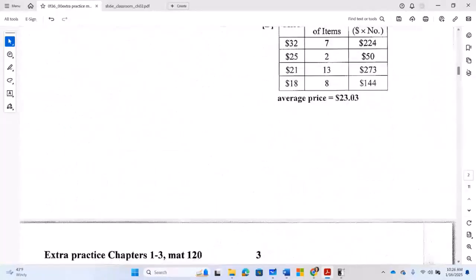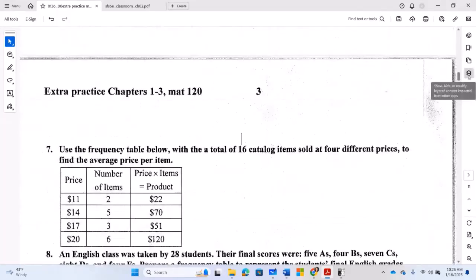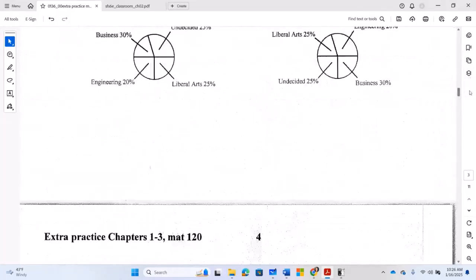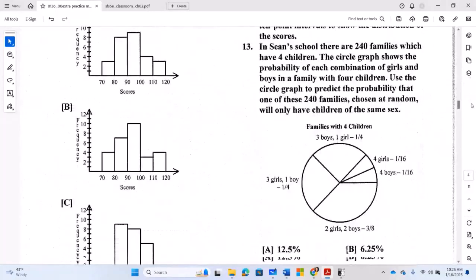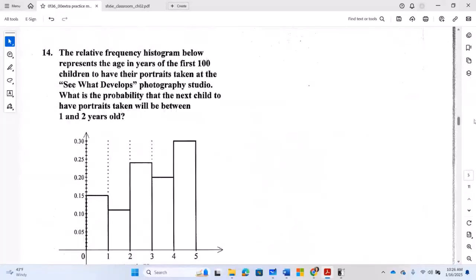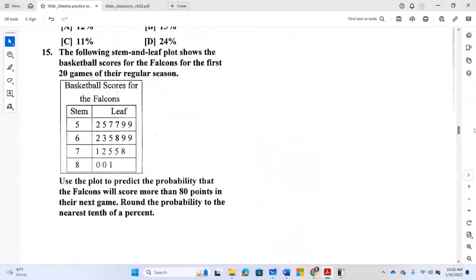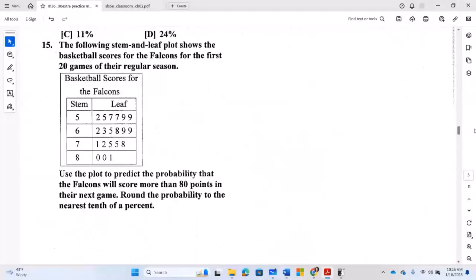But meanwhile, I want to make sure that we know how to do some things first. So I'm going to go down and let's look at question number 21 and also look at question number 15. And by the way, let's look at 15 first. There is what is called stem and leaf data.